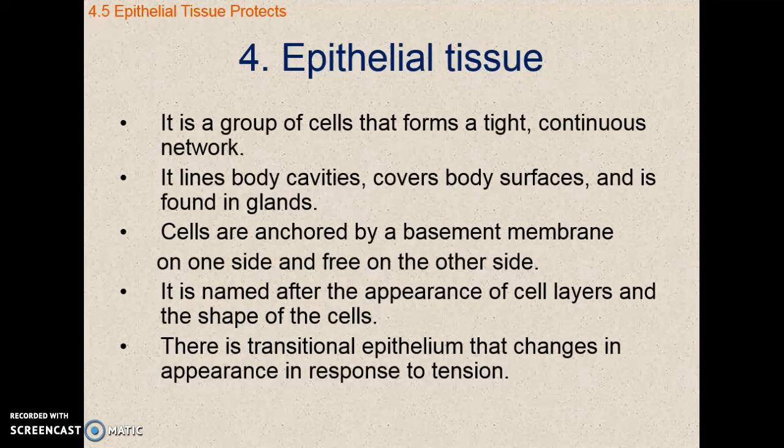So, epithelial tissue. Epithelial tissue is a group of cells that form a tight continuous network. They line the cavities and surfaces of blood vessels and organs throughout the entire body.